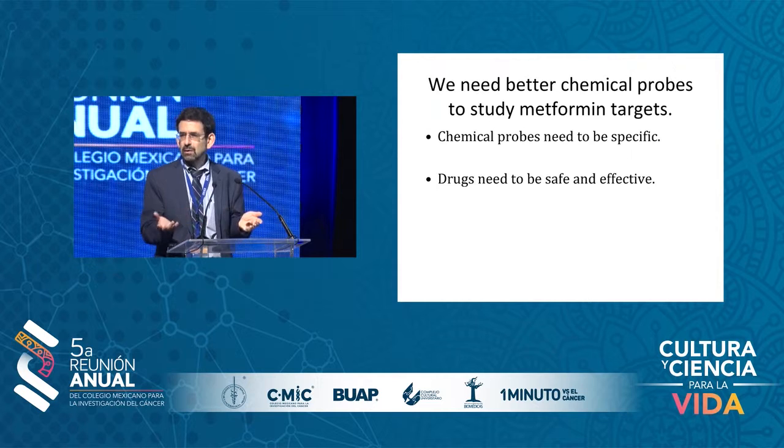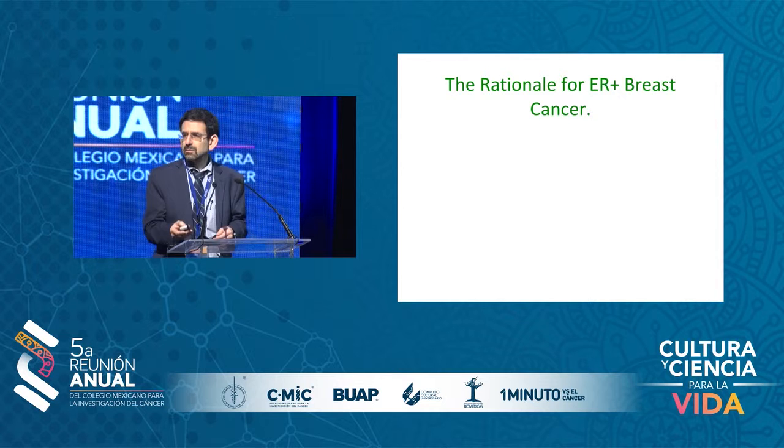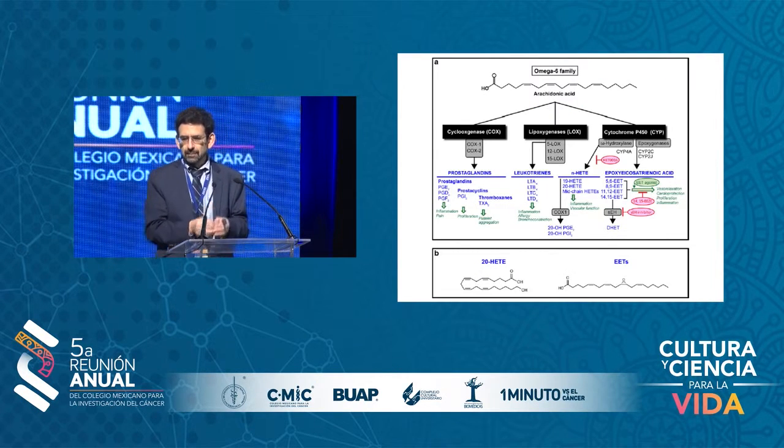And as Cheryl Arrowsmith at the University of Toronto says, chemical probes need to be highly specific, in contrast to drugs, which need to be safe and effective. And so this is the dichotomy that we're dealing with as we develop new probes to understand how metformin is working. So let's talk about the rationale for what we're doing.